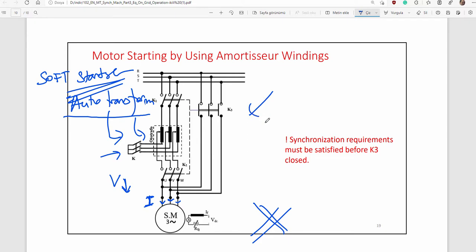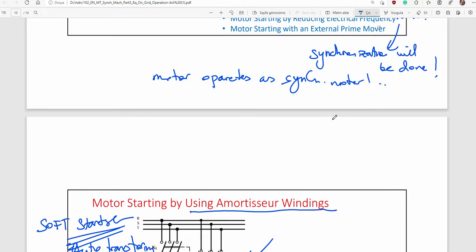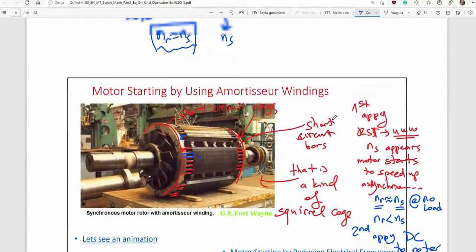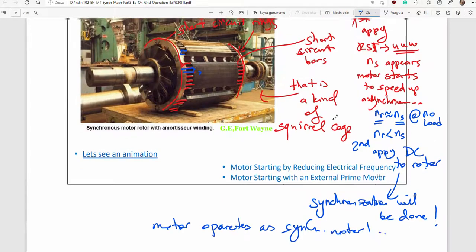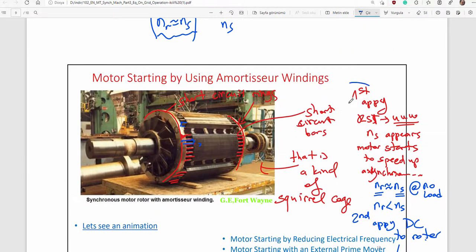You are not responsible for this, but you should know how amortisseur winding startup acts, how it operates, how it is used. Usage is here. First apply power to the stator, wait for a while for induction motor startup, and then keep mechanical load as low as possible to increase the no load speed close to synchronous speed.